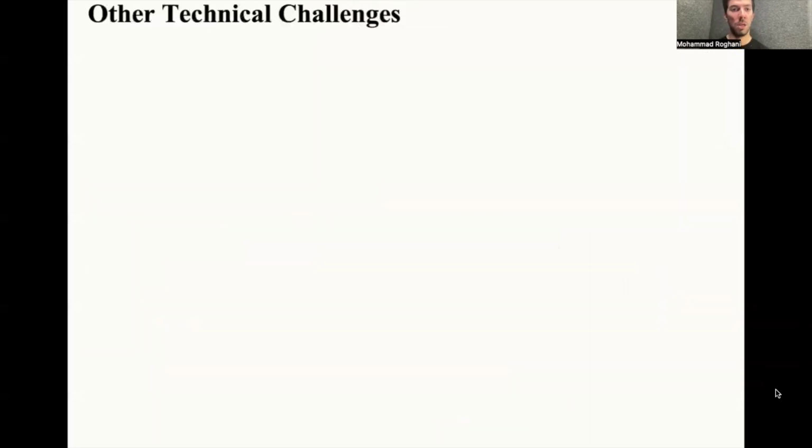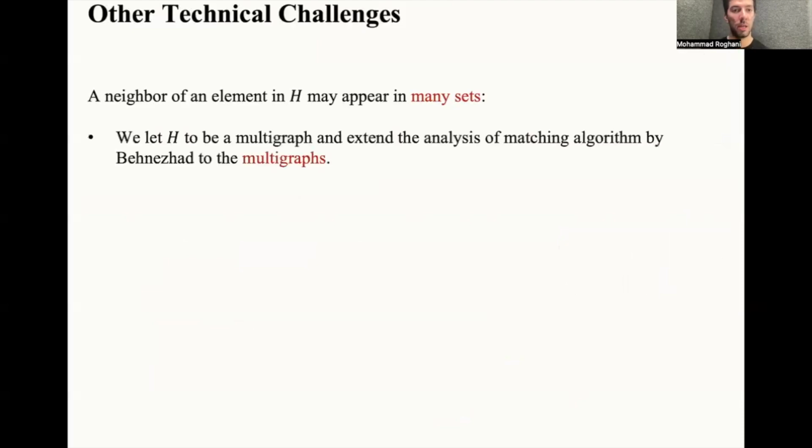There are also other technical challenges. For example, a neighbor of an element in H may appear in many sets. To overcome this challenge, we let H be a multigraph instead of a graph, so two vertices can have multi-edges because of different sets in which they appear together. And we prove that the matching algorithm also works on multigraphs with the same running time.